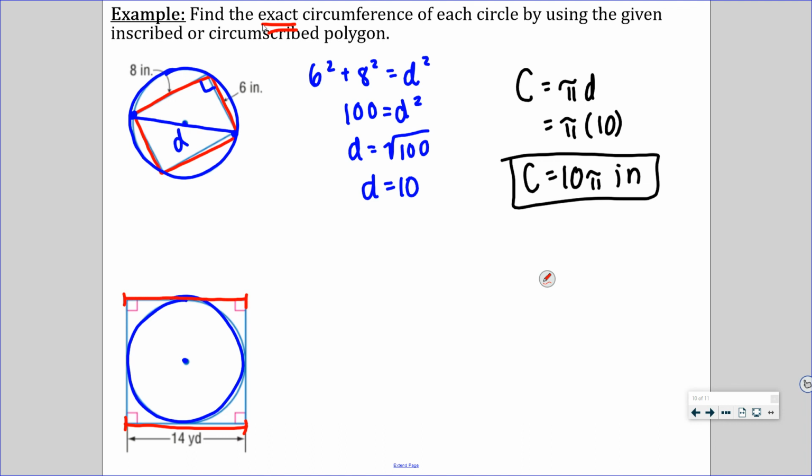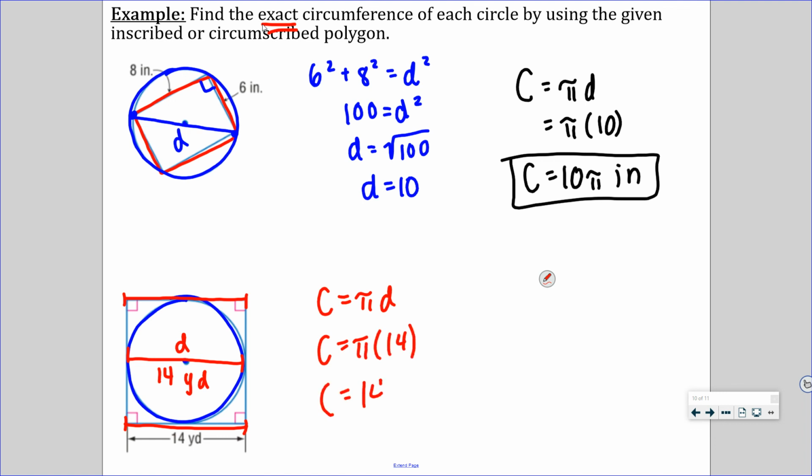Wouldn't the diameter be 14? Because all sides are the same. Exactly. This diameter will also be 14. Good. I feel like I saw a problem like this on the ACT prep stuff. So, exact circumference, 14 pi yards.